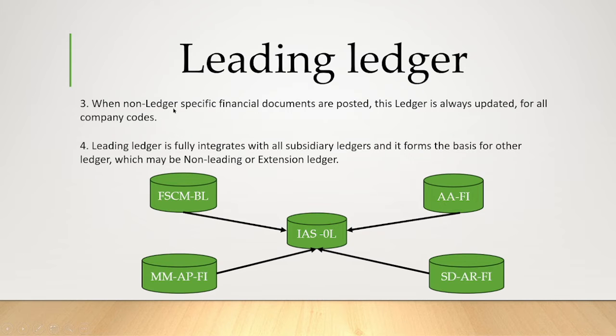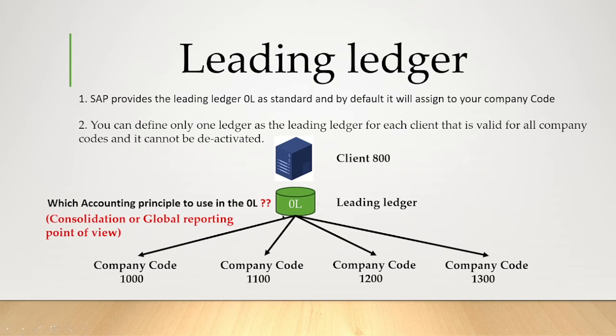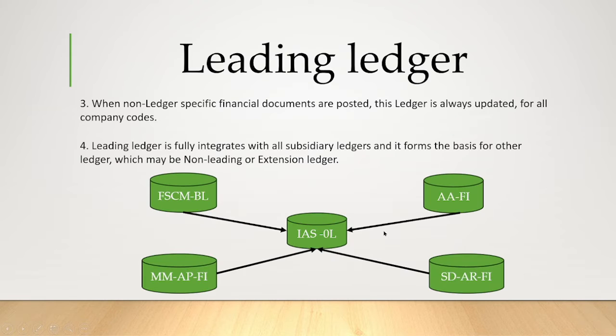When non-ledger-specific financial documents are posted, this ledger is always updated for all company codes. If you post any general transactions in the leading ledger, it will update all company codes. That's what it is. The leading ledger is fully integrated with all subsidiary ledgers, and it forms the basis for other ledgers, which may be non-leading or extension ledgers.